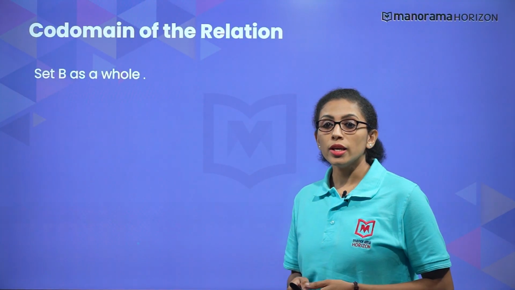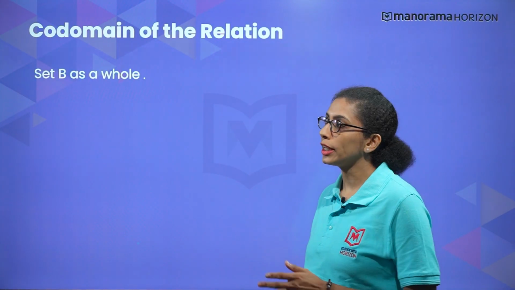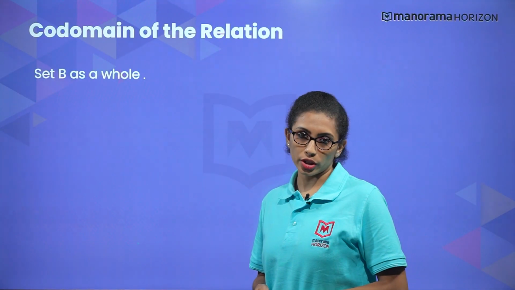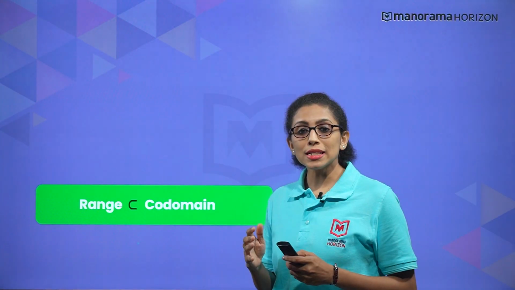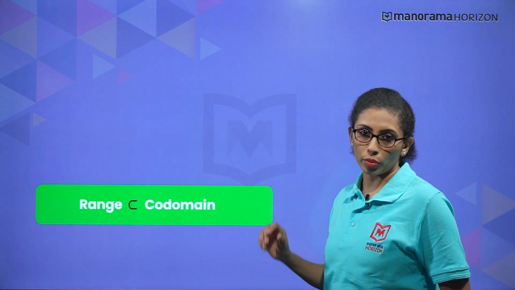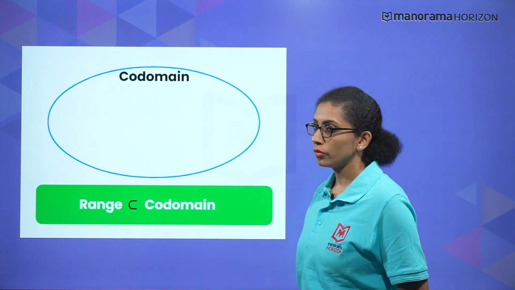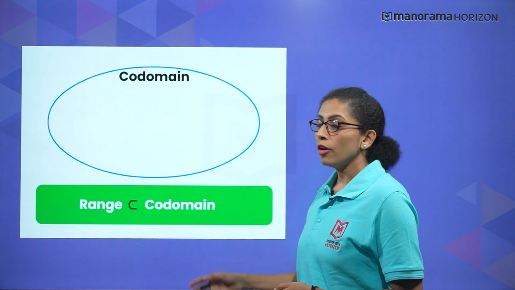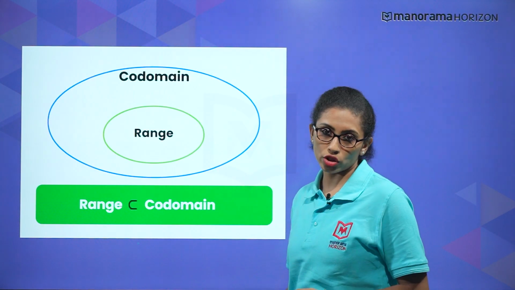In set theory, set B as a whole is called the codomain of the relation. Now, when we closely observe, range is a subset of the codomain. Here is the diagram. Codomain, within that, the range comes.